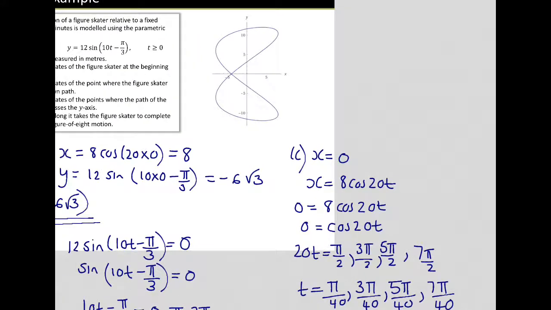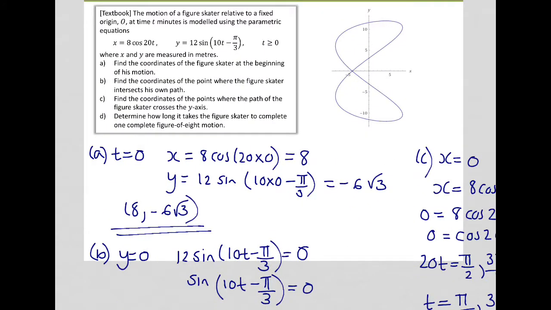And we're left now to do D. Determine how long it takes a figure skater to complete one complete figure of 8 motion. So here, when you're saying how long it takes a figure skater to complete one complete figure of 8, we're looking at how often it repeats.